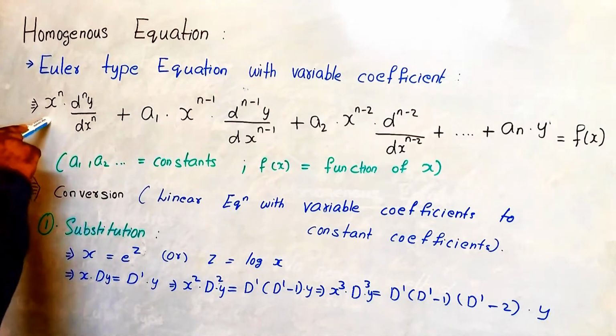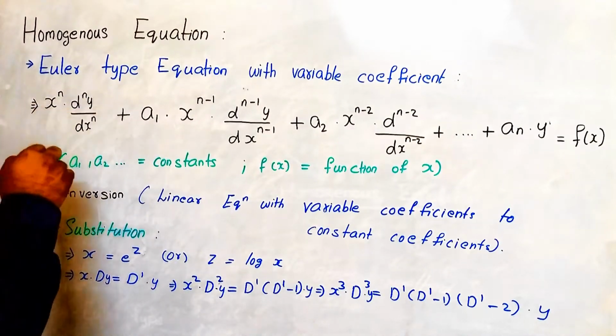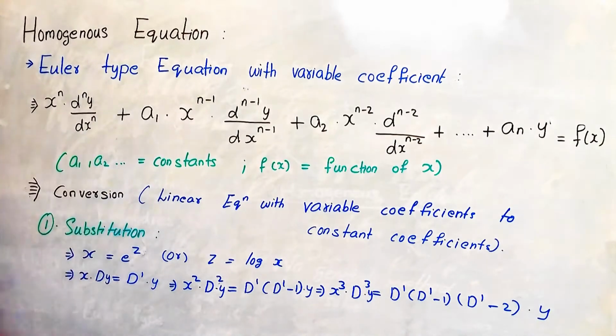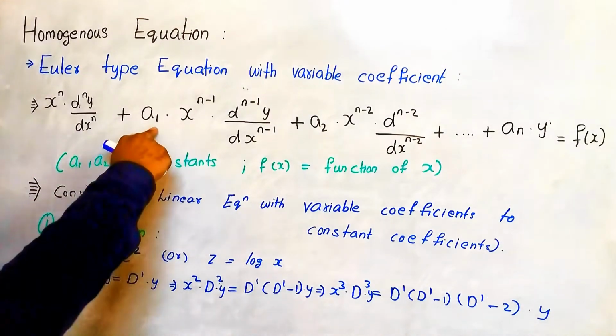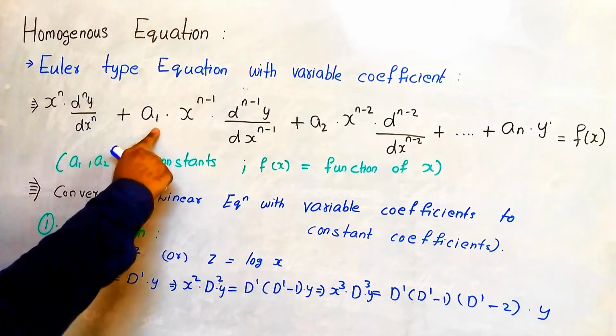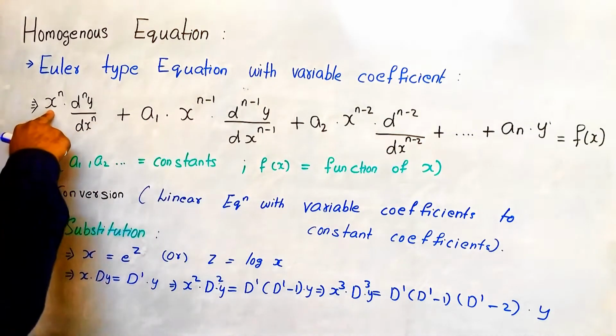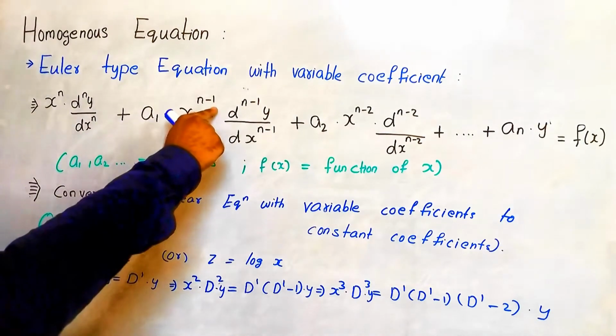That is x to the power n into d to the power n y by dx to the power n, plus a1 into. Here a1 is a constant. From the second term, a constant a1 is multiplied along with x, and the power of x will be decreased by 1.